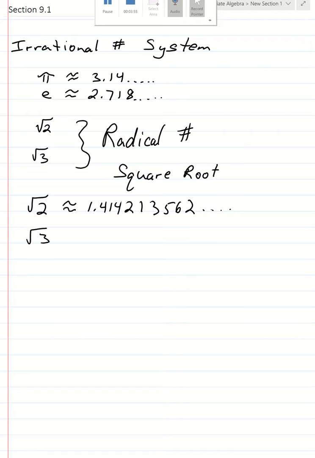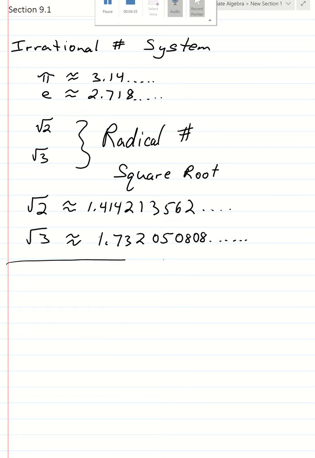If we were to take the square root of 3 using a calculator, it would have a decimal approximation of 1.732050808, and once again it would keep on going and it would never repeat. Okay, it might look like it repeats here, but in actuality it does not. It just keeps on going. And that's why these radical numbers that we're going to be dealing with throughout chapter 9 fall under this irrational number system.